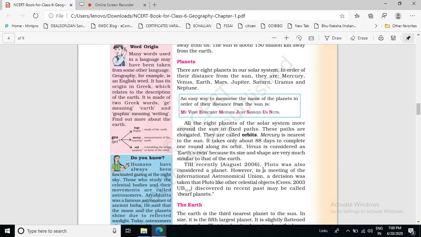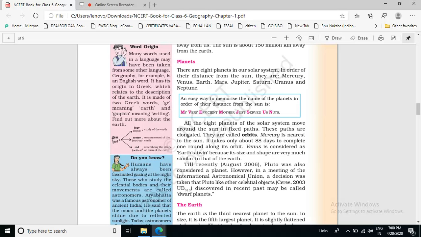A meeting of the International Astronomical Union was held, and in this meeting, a decision was taken that Pluto is not a planet. It may not be called a planet because it is very small in size.